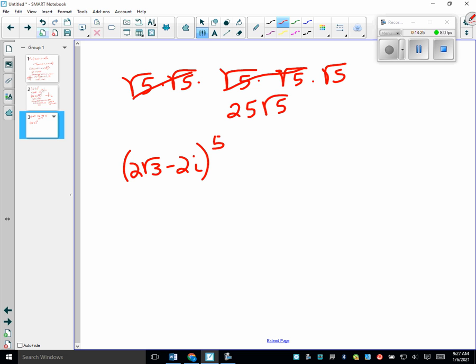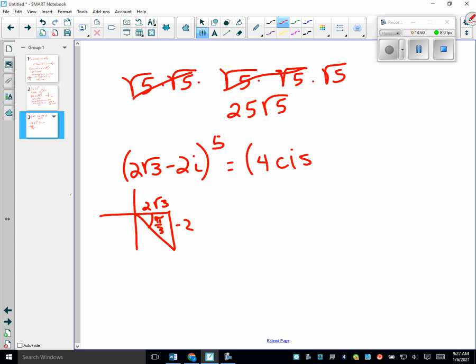Okay, so this is 4 cis. Now, what quadrant is this in? Fourth. This is 2 radical 3. This is negative 2. Isn't this pi over 3?